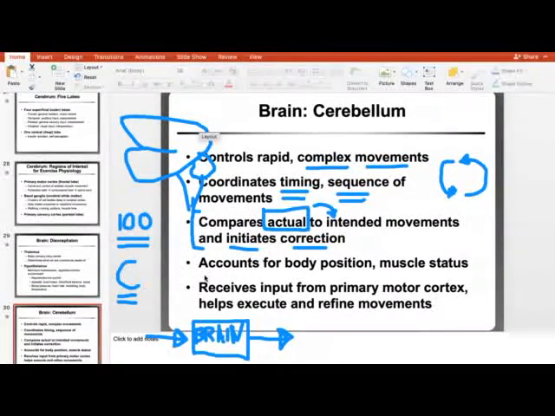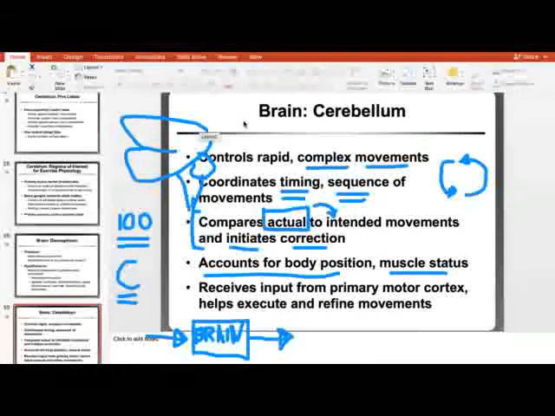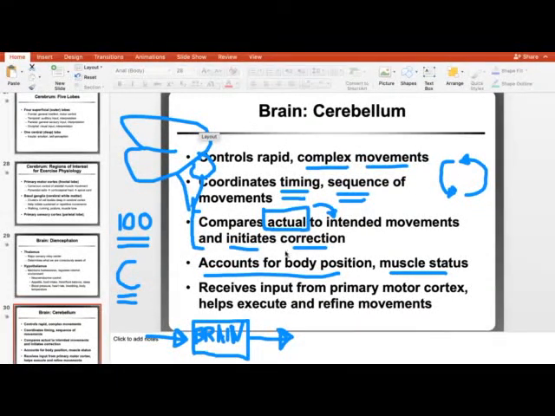And that's the thing that accounts for body position and muscle status. Right? Before, we were talking about systems. And now all of a sudden, this phrase goes back to hierarchical motor programming theory, where the brain is doing all of this stuff to account for body position. It receives input and helps execute and refine movements. We're saying the cerebellum does that. So does the cerebellum have decision-making capabilities?